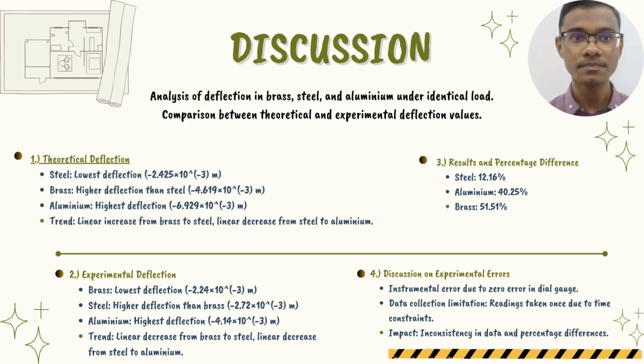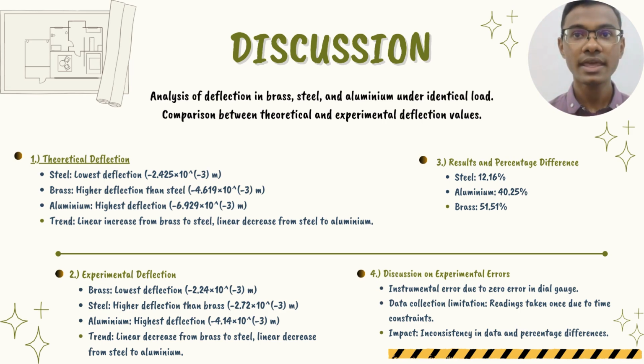Last, aluminium has the highest deflection among all of them with the value of negative 4.14 times 10 to the power of negative 3 meter. From this experimental deflection, we get to know about the trend, which is a linear decrease from brass to steel and a linear decrease from steel to aluminium. This will be explained in detail in the previous slide.